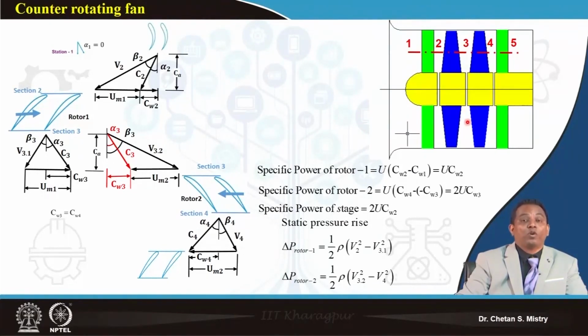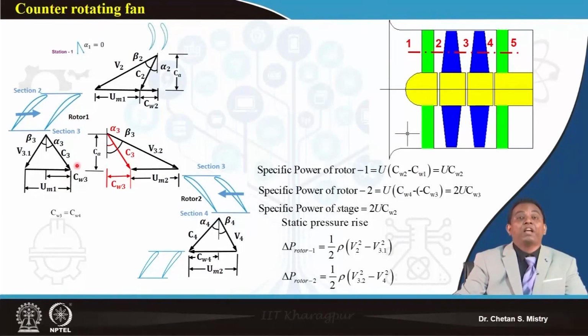The concept of counter-rotating is applicable for your compressor, your fan, your turbines, and your propellers. The whole fundamental for all these applications is to deal with the whirl component.